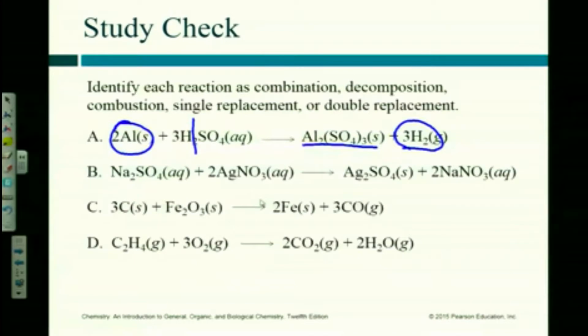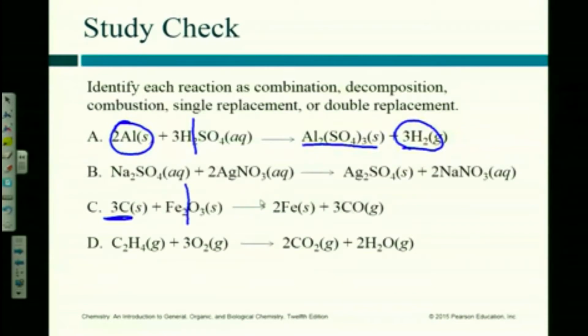All right, what about C? Combustion. No. Single replacement. Look, you got a single person here. You got a pair here, don't you? What happens?